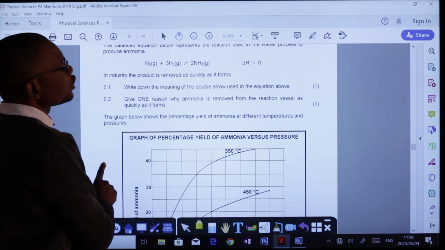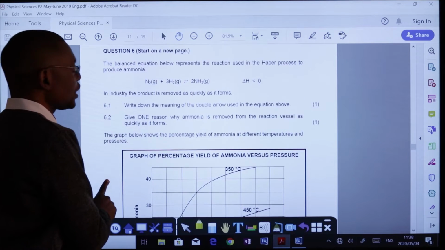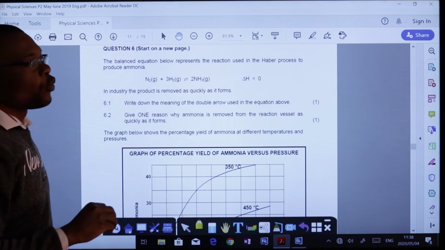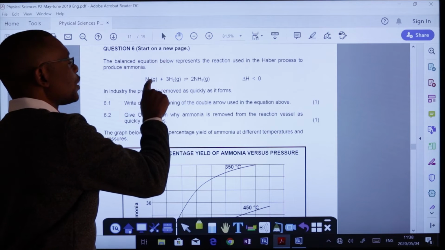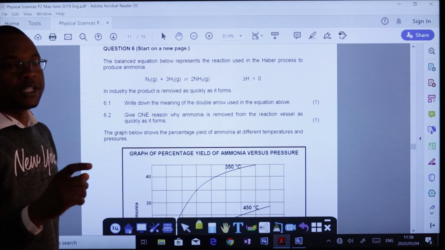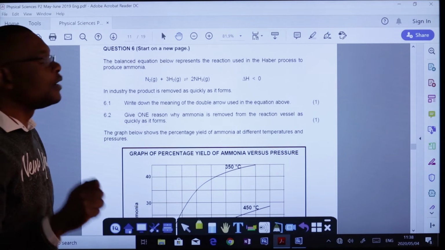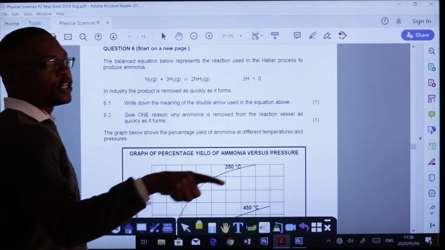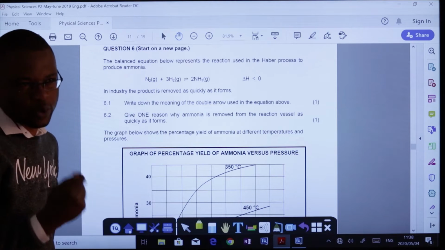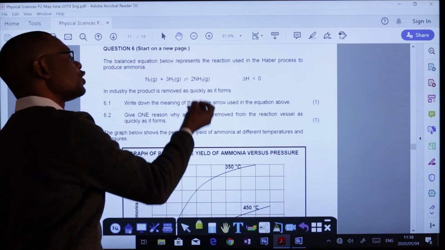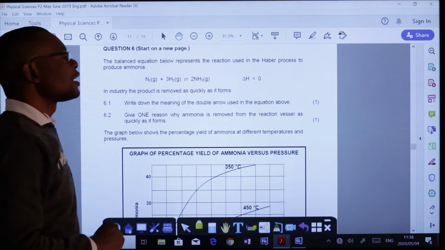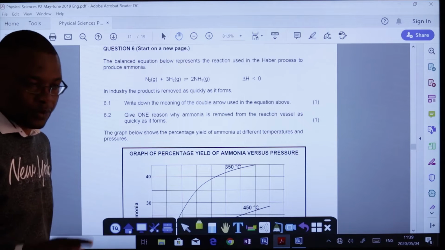Give one reason why ammonia is removed from the reaction vessel as quickly as it forms. So you see that the primary reason is, when this reaction is reversible like this, a point in time will be reached when the forward reaction is equal to the reverse reaction, meaning that the reaction reaches what we call equilibrium. So if we keep on removing the ammonia as quickly as it forms, we prevent this reaction from reaching equilibrium.